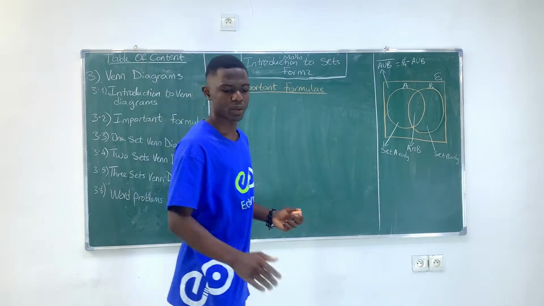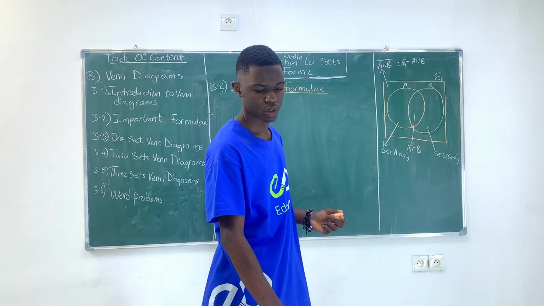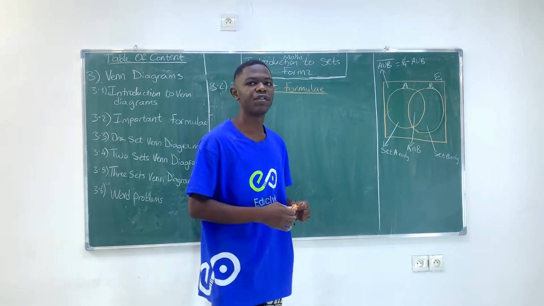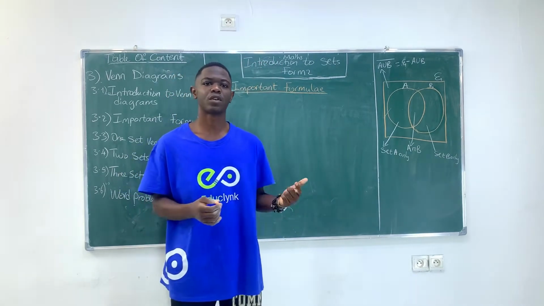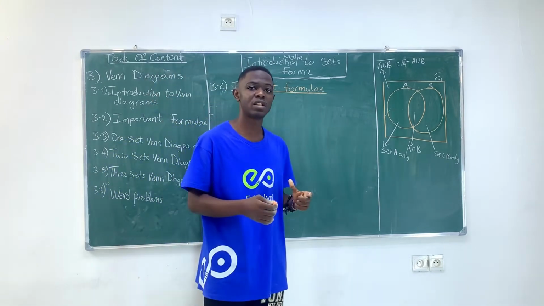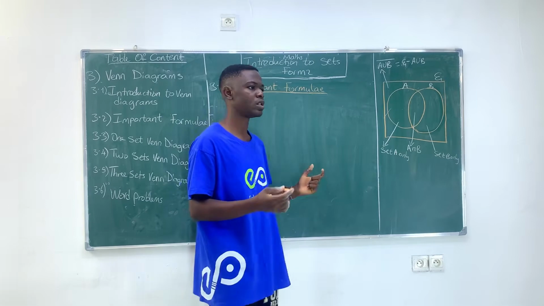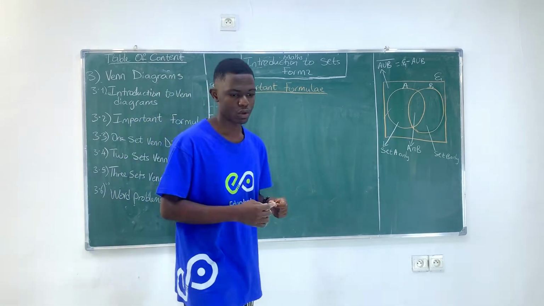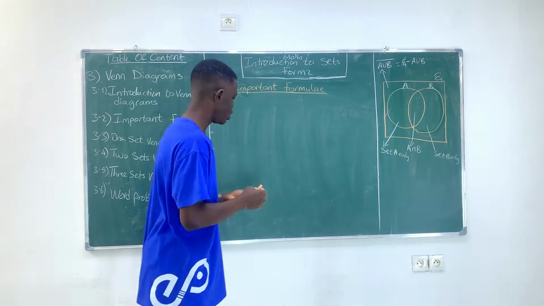So these are the formulae you use. If the questions look difficult, you're going to rely on the formula. But if it is easy, you can use your logic and solve it. It will still be correct. So on the formulae you have the union formula.